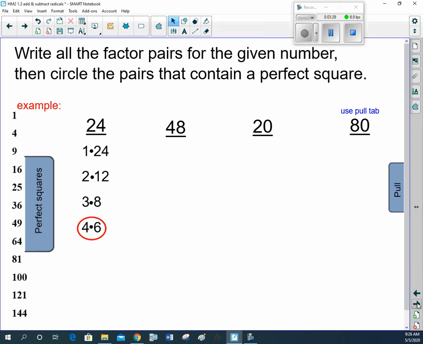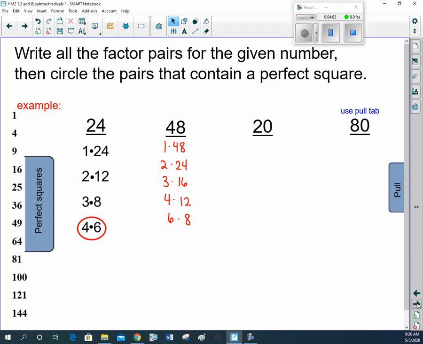Now, when we're doing factor pairs, you want to do this in a systematic order. You don't just randomly think of numbers that multiply to give me 48. Be systematic, and then you'll make sure that you get all the factor pairs. So for 48, I do 1 times 48, 2 times 24, 3 times 16, 4 times 12, 5 doesn't go into 48, 6 times 8, and then 7 is my next number. 7 times 7 is 49, and then you're back to 8.